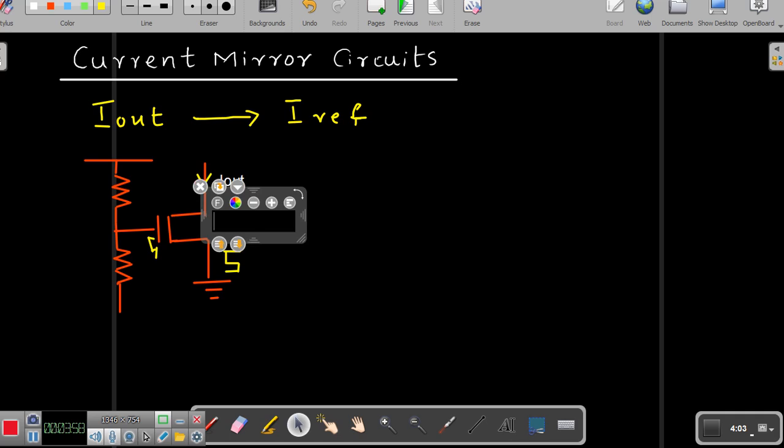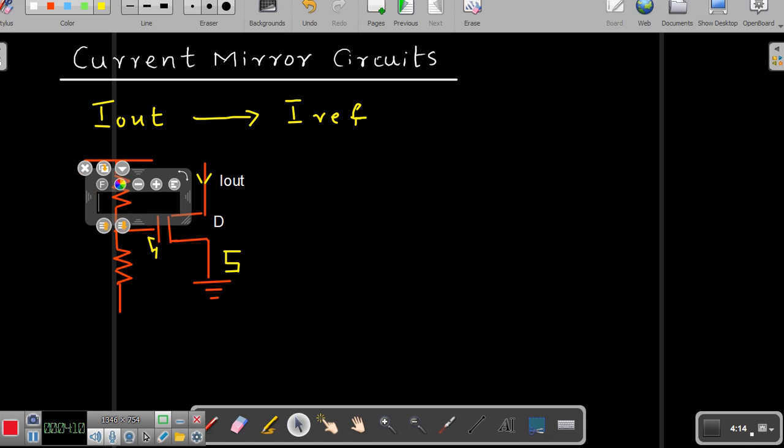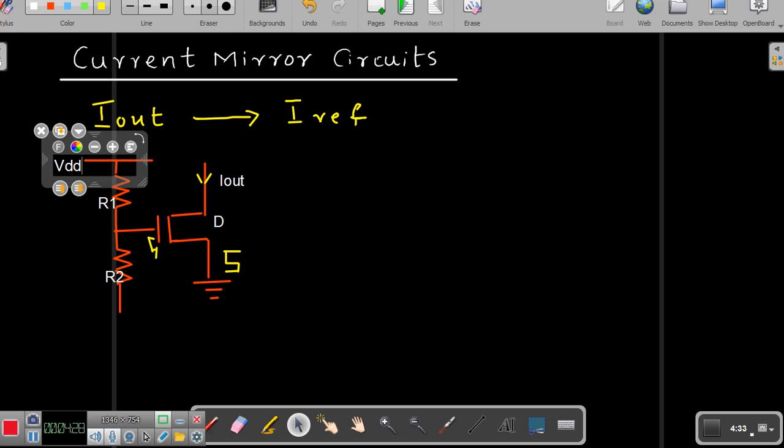And this is my drain. Okay, so let it be. And this side I will write as R1 and this as R2. This is VDD. Let me take the things like this.